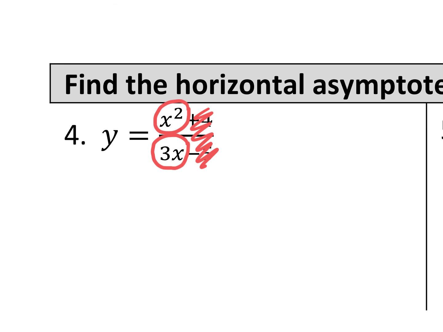Between x squared and 3x, what do you think grows faster? Definitely the x squared. When you square a number, it's going to grow super fast. So the top is going to grow fast over something that's slower.